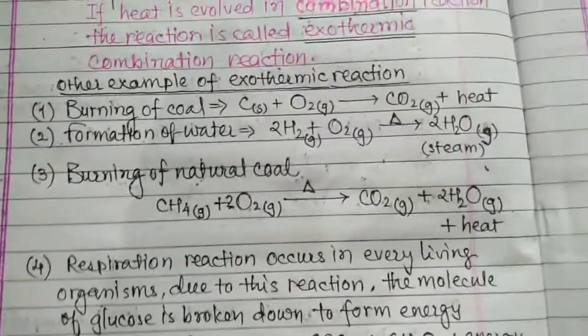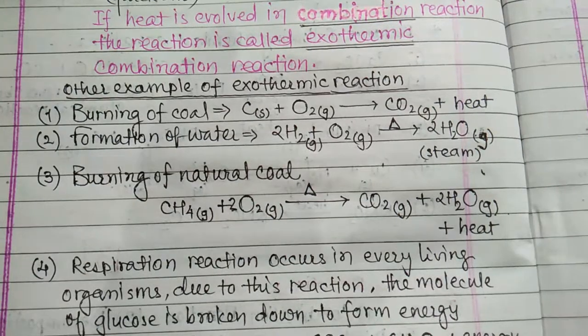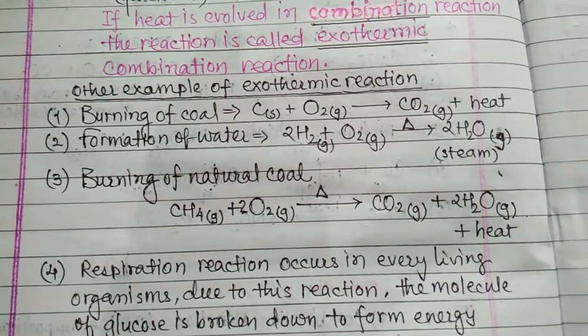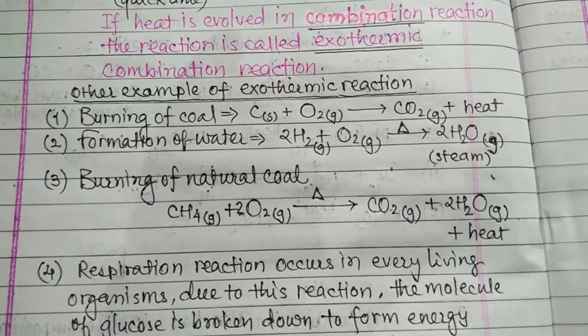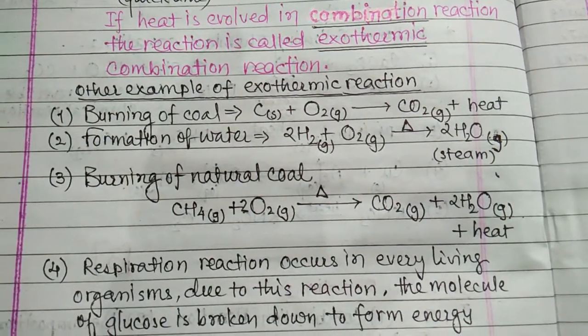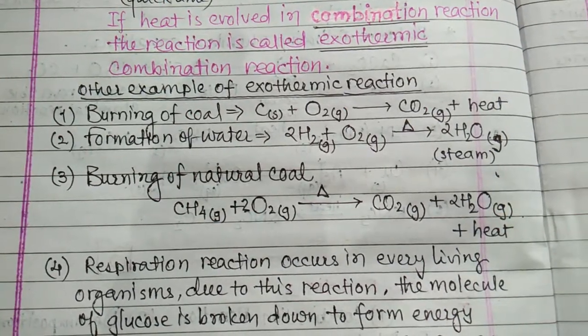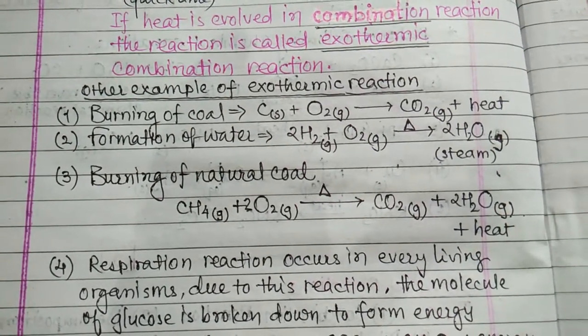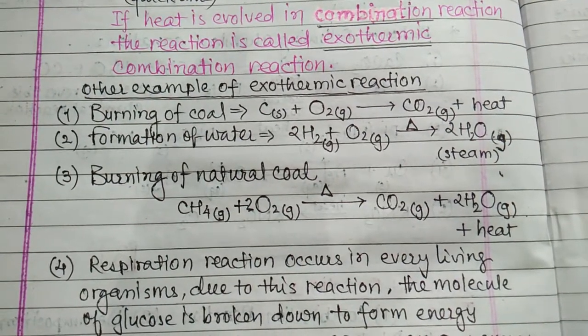Other examples of exothermic reaction: burning of coal. When coal is burned in the presence of air, carbon dioxide is formed. It is called an exothermic reaction because heat is liberated.